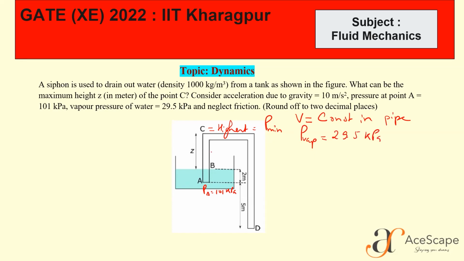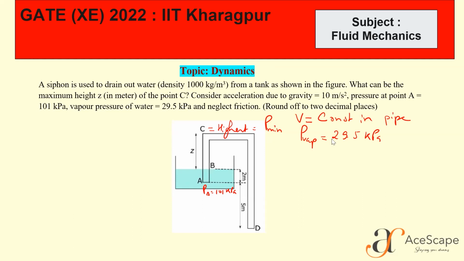So neglecting friction, what will happen if the minimum pressure goes below the vapor pressure? If pressure at any point gets below the vapor pressure of the fluid, what happens? What is the phenomenon that occurs? Water starts to boil, right? And that phenomenon is known as cavitation.